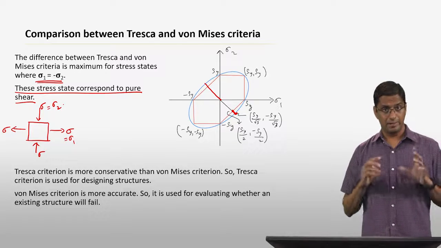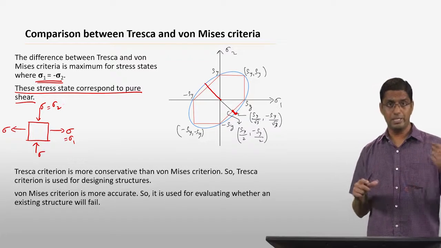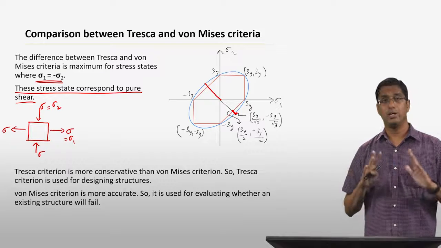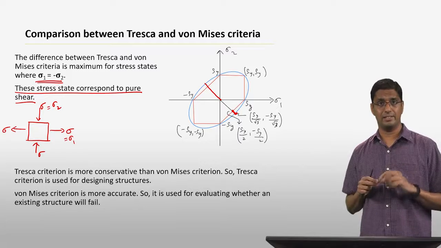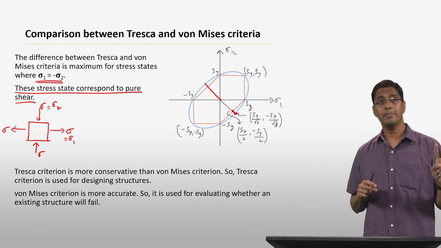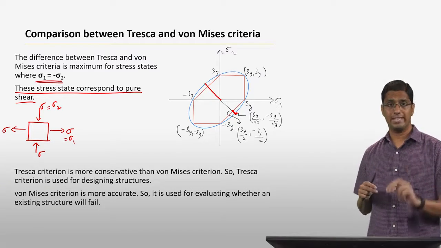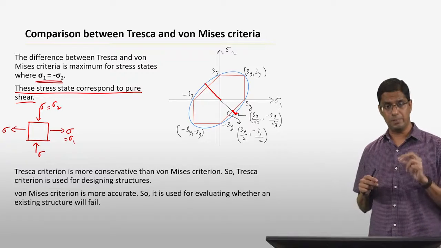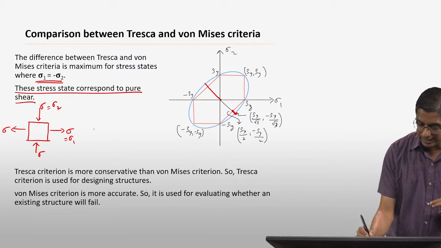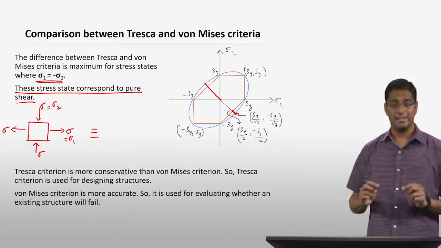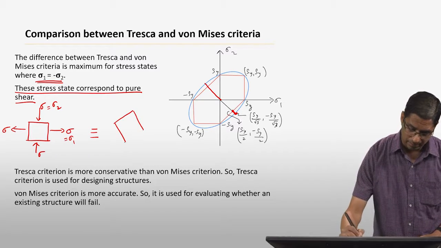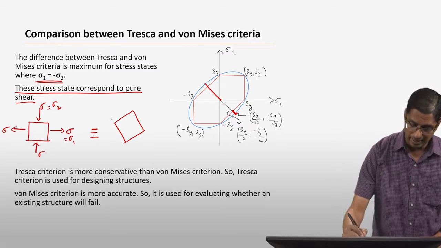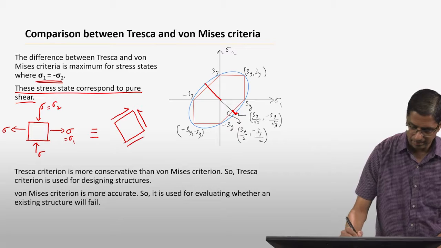Again, remember, we are constructing this square in the principal coordinates. So essentially there are going to be no shear stresses. But when you have a stress state like this, where you have two principal stresses only, and one of the principal stresses is the exact opposite of the other, then you can take this stress state and transform it to a stress state that looks like this, where you have only shear stresses.